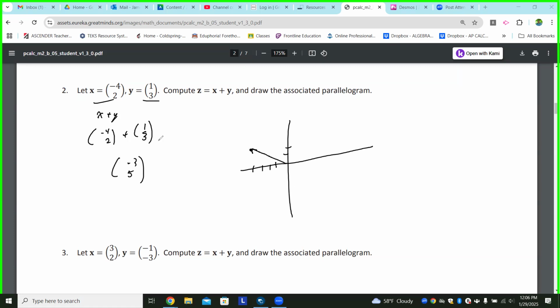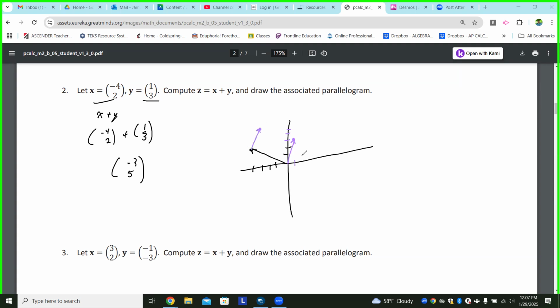And then I'm going to graph 1, 3. Here's where my vector is located. And then I'm going to attach the tail to the tip. So that's going to be over 1, 2, 3. So over 1.